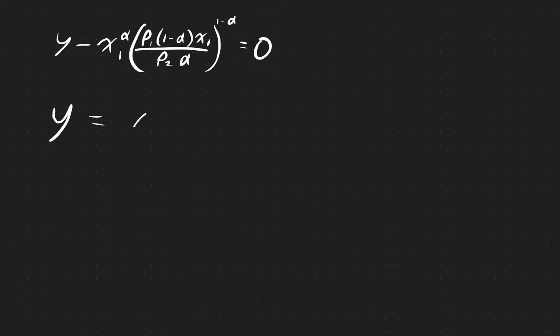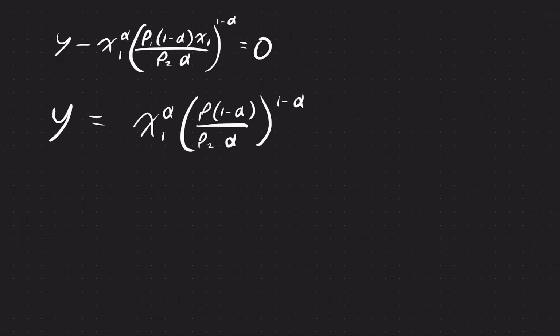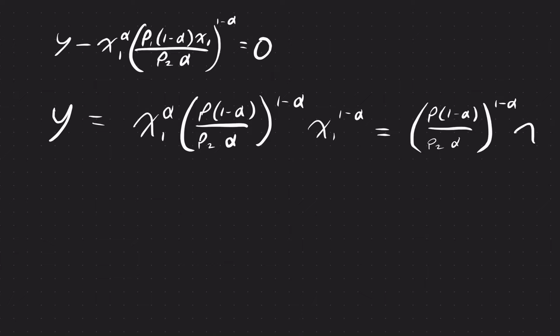So y is equal to x1 to the alpha times p1 1 minus alpha over p2 alpha to the 1 minus alpha times x1 to the 1 minus alpha. So we can add these two exponents together, and we get y is equal to p1 times 1 minus alpha over p2 alpha to the power of 1 minus alpha times x1.